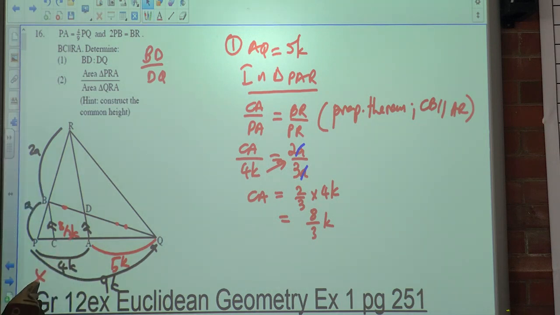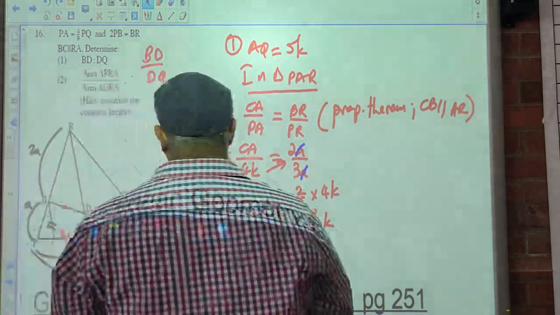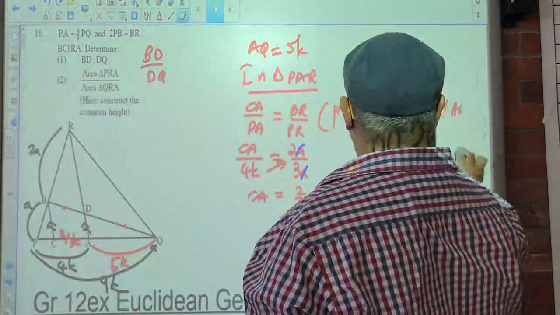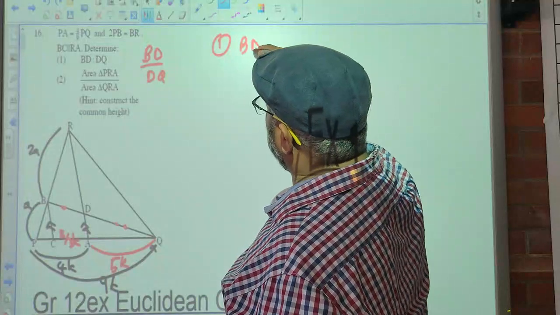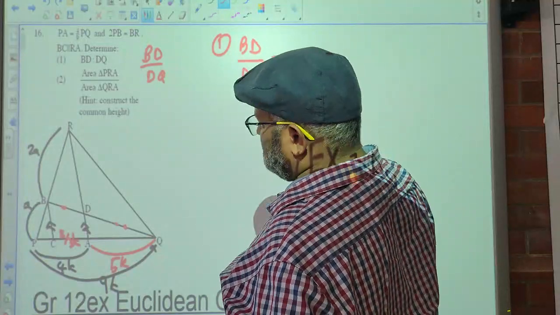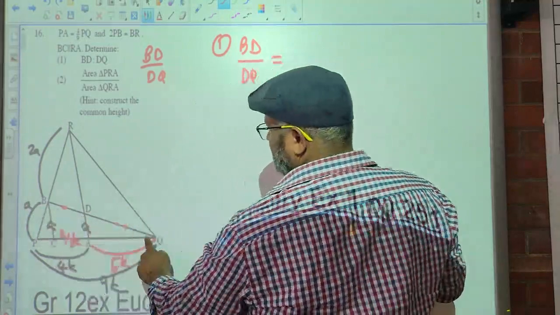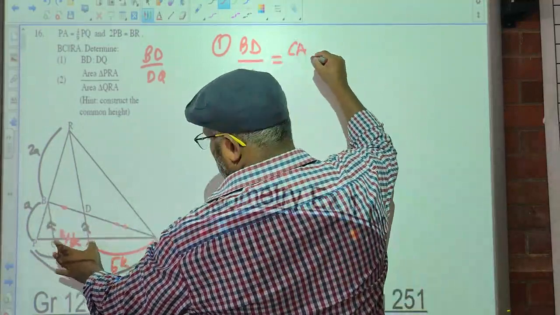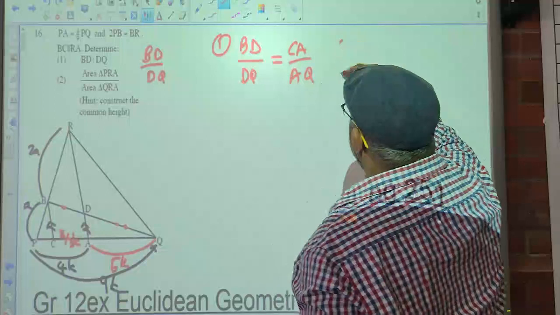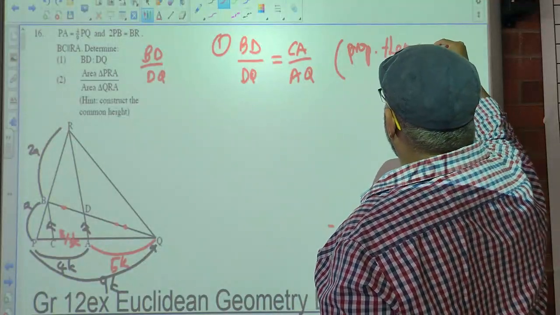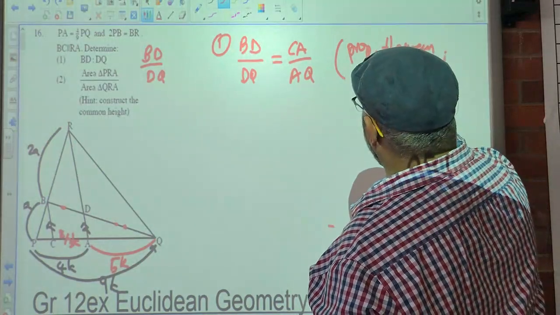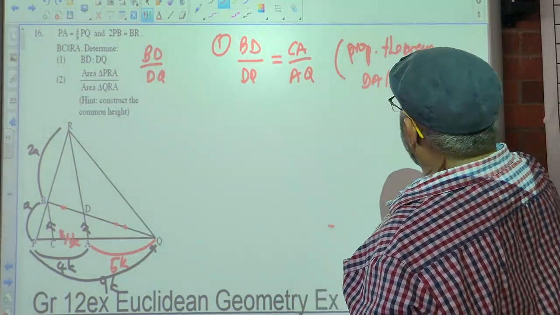Alright. 8 over 3K. Is that enough for us to answer what they're looking for? Yes. So they wanted BD over DQ. So BD over DQ is CA over AQ. Why? Because of the proportionality theorem with the DA being parallel to BC.